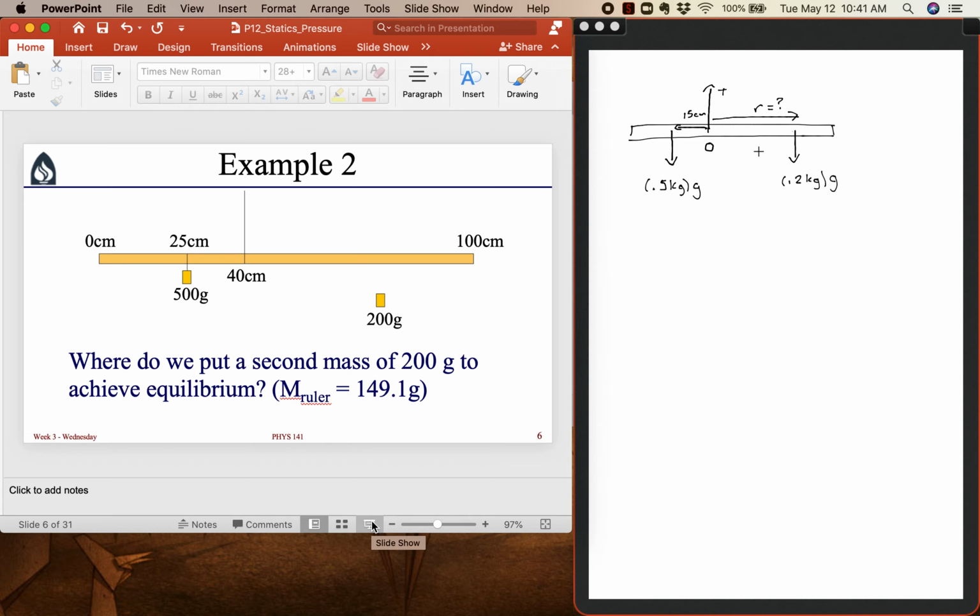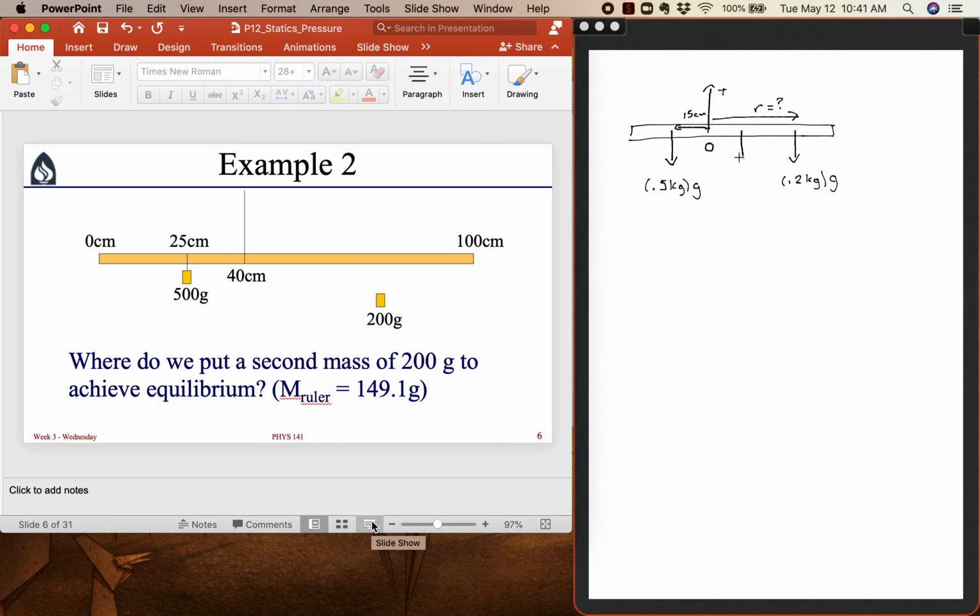And then there is one more force I have to worry about, and that is the mass of the ruler itself. That force, the weight of the ruler, I'm going to show acting at the ruler's center of mass. So the center of mass of the ruler is at the 50 centimeter mark.